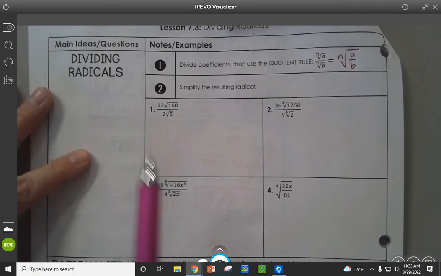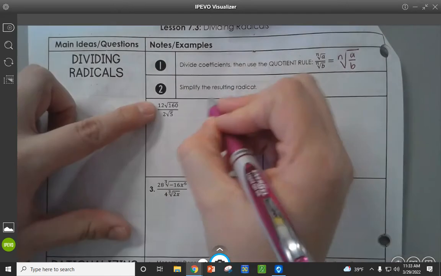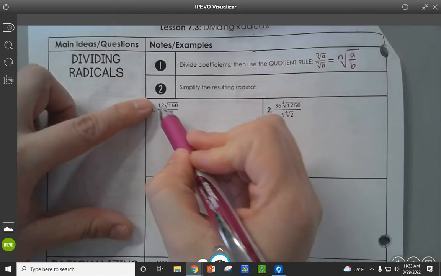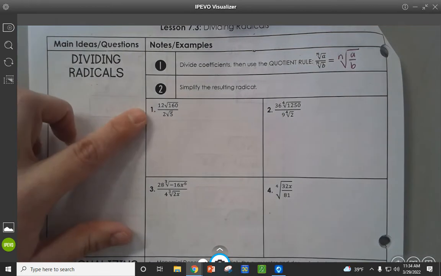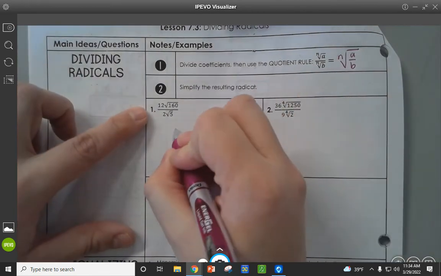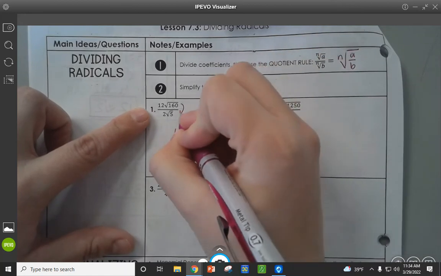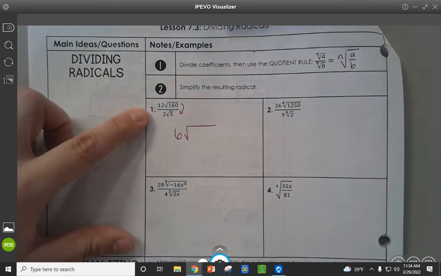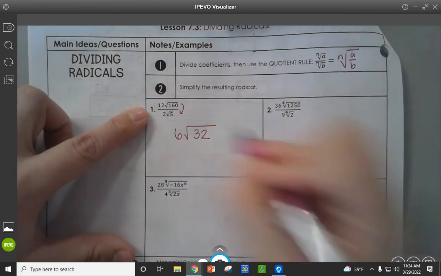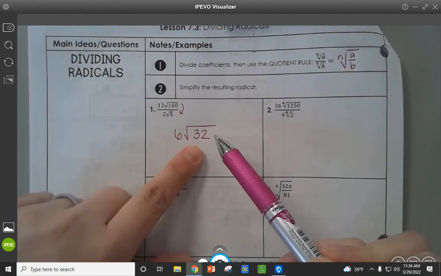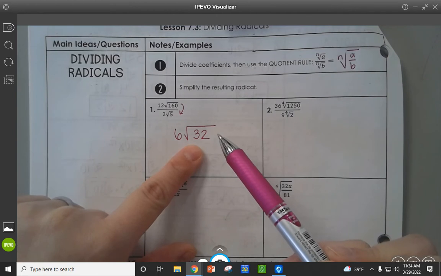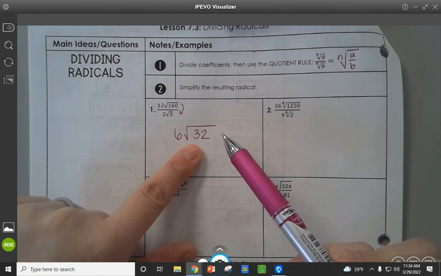So on number 1, we've got 12 divided by 2, which is 6, and then it's going to be the square root of 160 divided by 5, which is 32. Can the square root of 32 be broken down anymore?